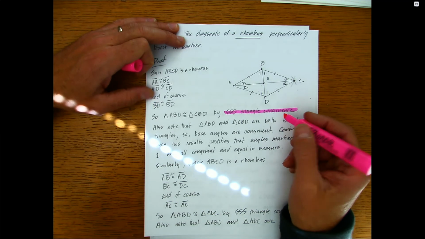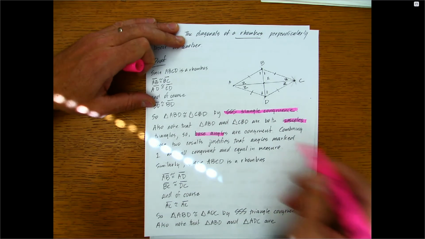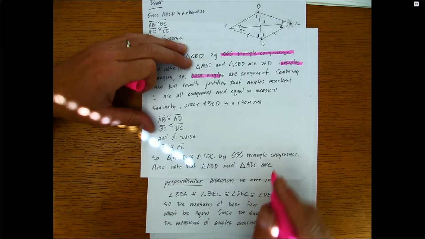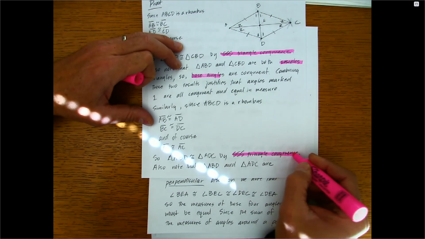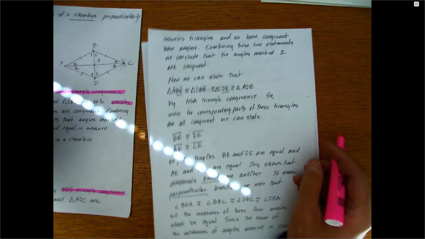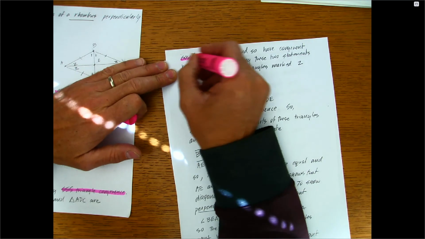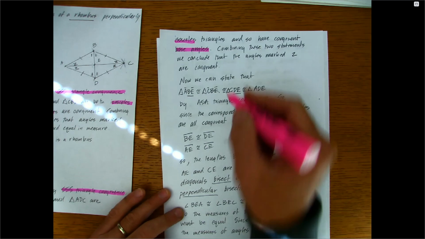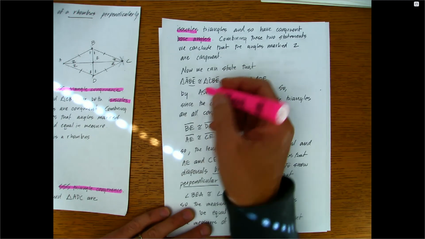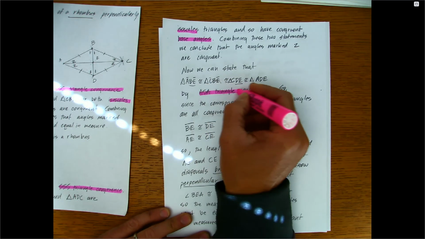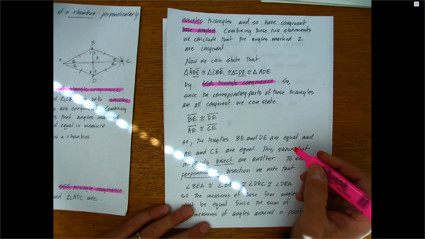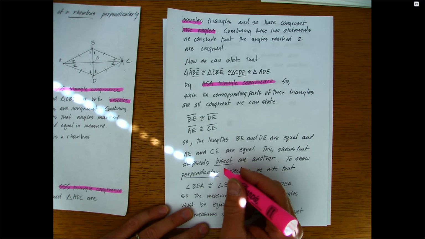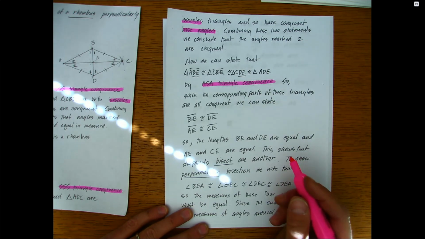We used isosceles base angles, and that was used twice. Side-side-side triangle congruence again, and isosceles base angles as well. And then that led us to a place where we could use angle side angle triangle congruence. And from there, we were able to get the bisection out of the congruence statement.